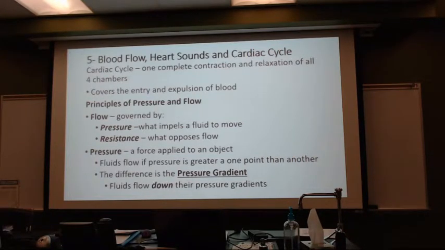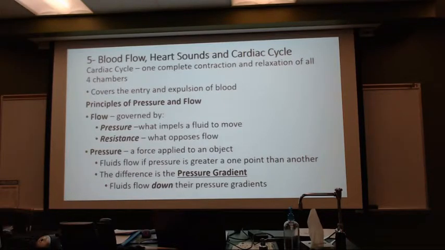So we're going to have some different factors that are going to actually govern the flow of blood through the heart.